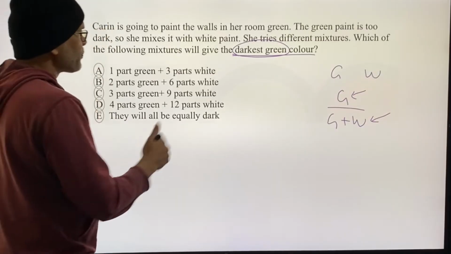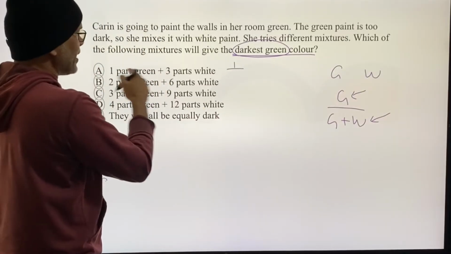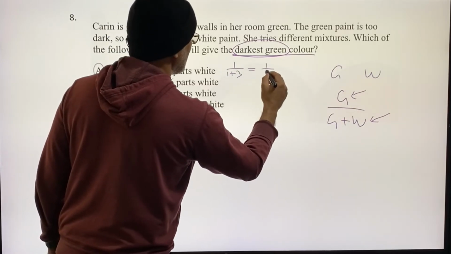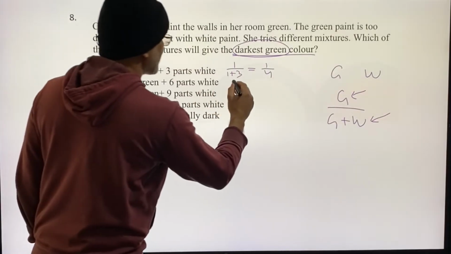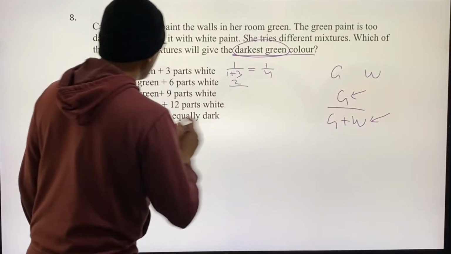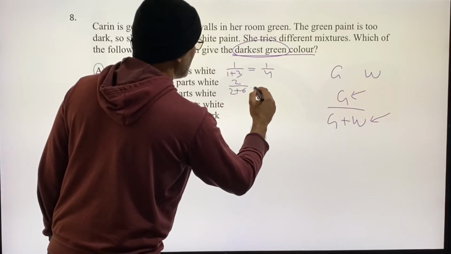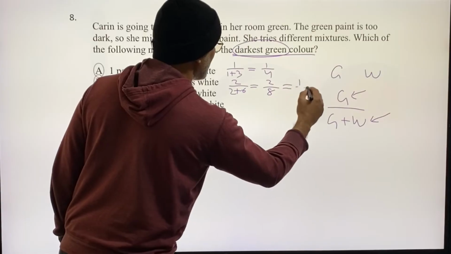So for A, there is 1 part green and 3 parts white, so 1 plus 3 total. This leads me to 1 over 4. For B, 2 parts green out of total 2 plus 6. So this gives me 2 over 8, which simplifies to 1 over 4.